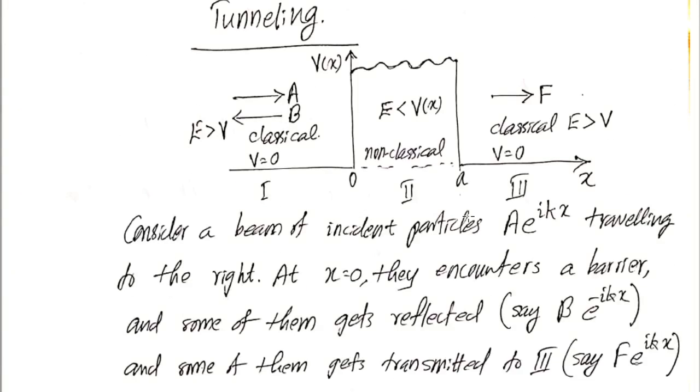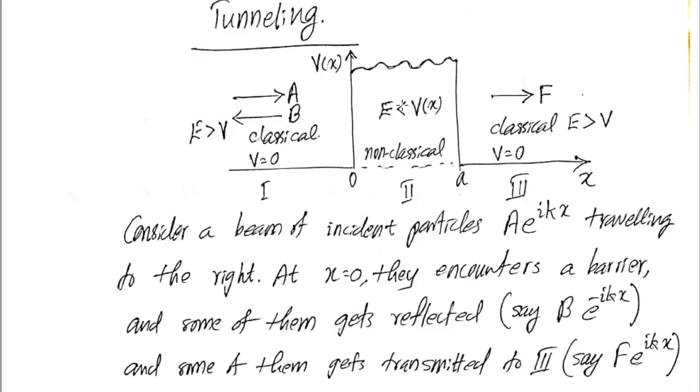An application of this non-classical wave function is tunneling. Tunneling means the tunneling of a particle through a barrier. For example, here in this picture there are three regions, region 1, 2 and 3. In region 1 and 3, the potential energy is equal to 0.